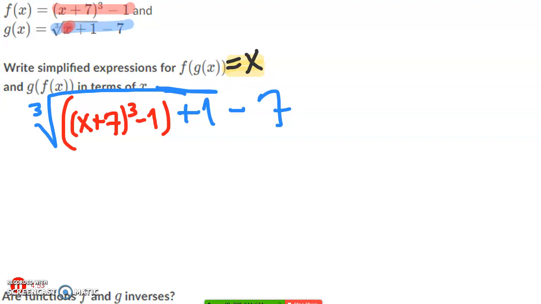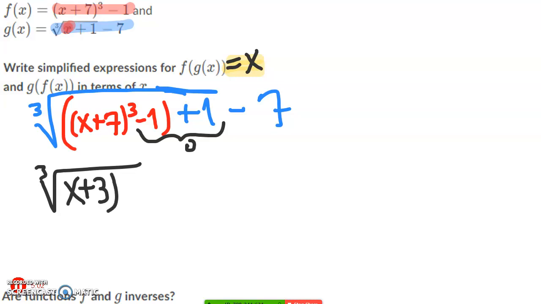And then we have to simplify, which we know how to do. Again, that's 0. Cube root of x plus 3 cubed minus 7. Again, we know that the cube root and the cube cancel each other out. So what is left is x plus 3. Okay.